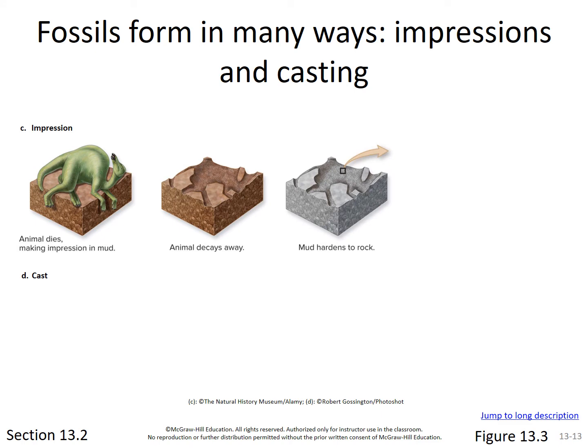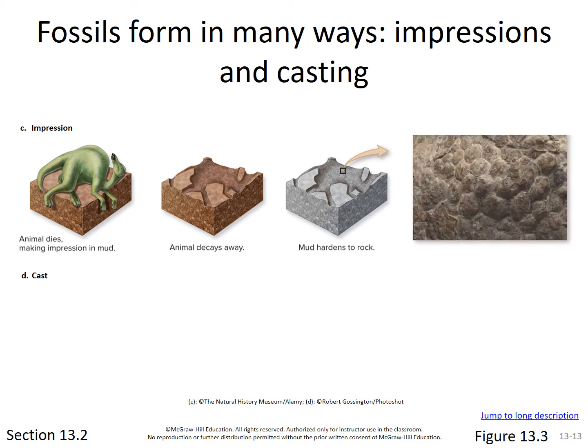And at this point, the mud hardens to rock, and what you'll see is something that can actually carry some pretty fine surface details. So what you're seeing here is actually a fossil impression of scales. So this would be where a scaled animal died, and its scales pressed into the mud beneath it, and so you had this sort of impression fossil left behind.